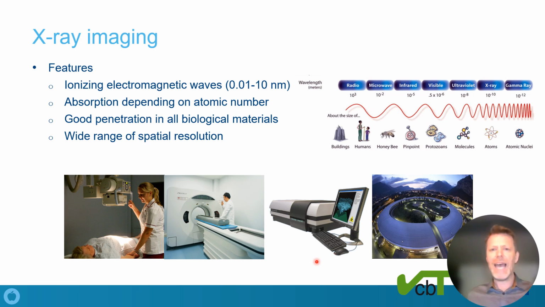And then you have really high-end research facilities like these synchrotron facilities that are displayed here. The one in Grenoble is this one, where you can have very high resolutions below micrometer scale, and also very high intensity X-rays, so that you can have very high contrast imaging as well.